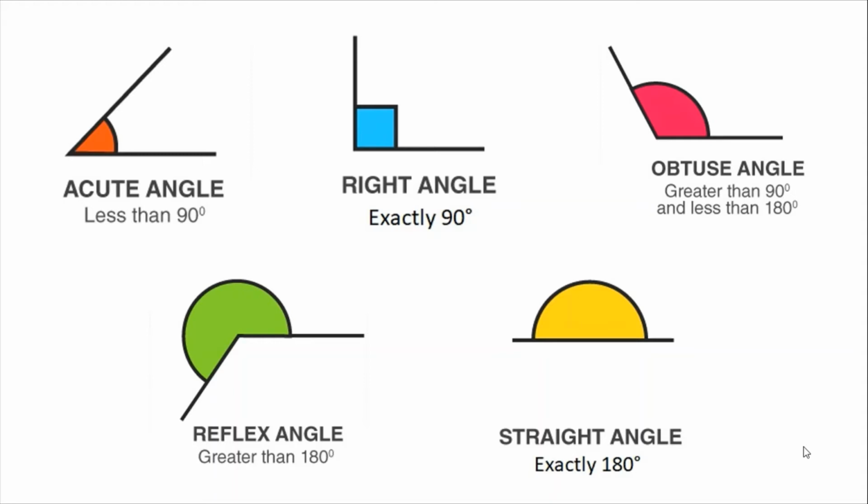We've got our straight angle at exactly 180 degrees, which is half a circle. And then we've got our flexible reflex angles, which are greater than 180 degrees, so greater than a straight angle. And they keep on going all the way around and can reach a full circle, 360 degrees. So anything greater than 180 degrees is a flexible reflex angle.